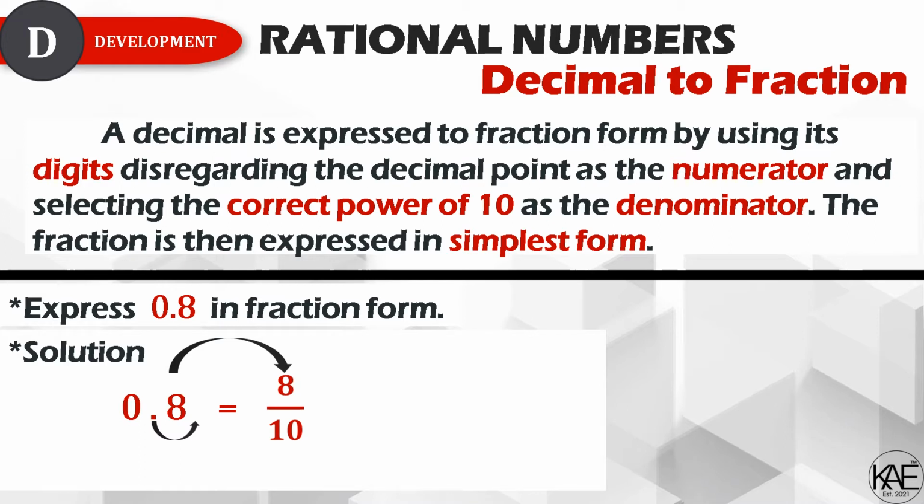Then, we simplify. In simplifying, we identify first the GCF of the numerator and the denominator. In this case, it is 2. Then we divide them both by 2.